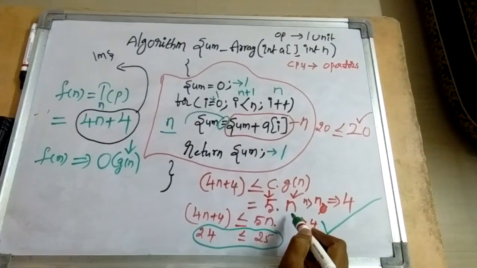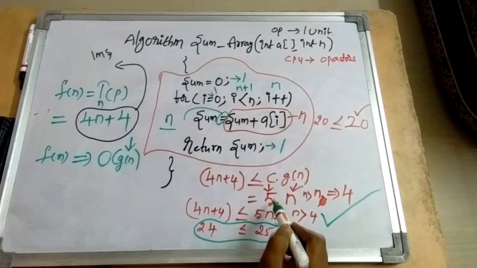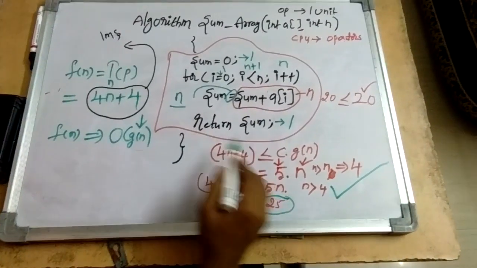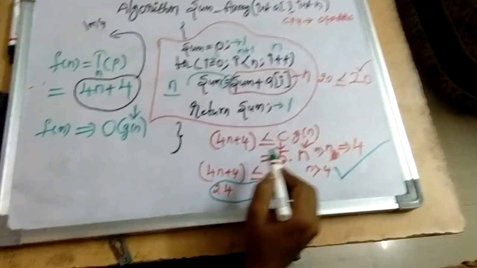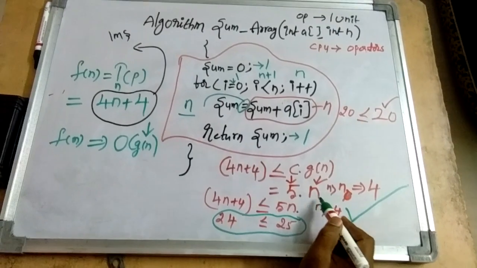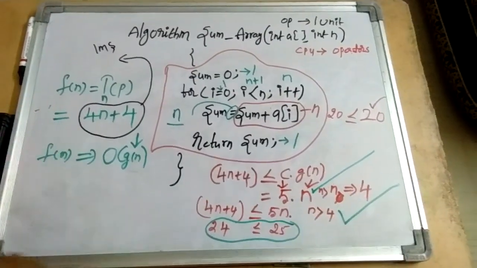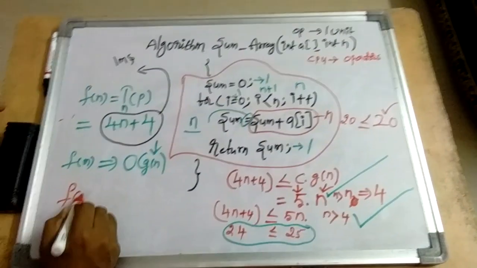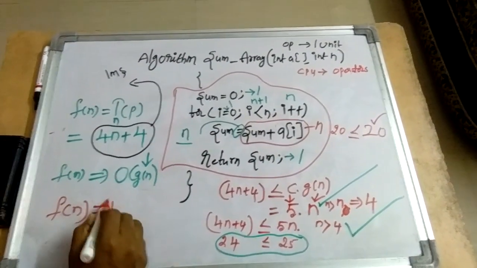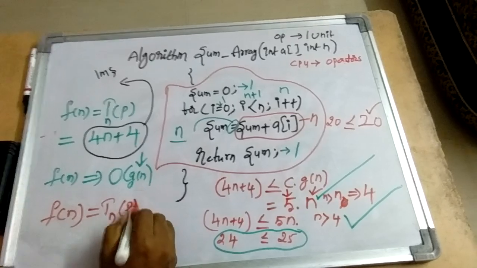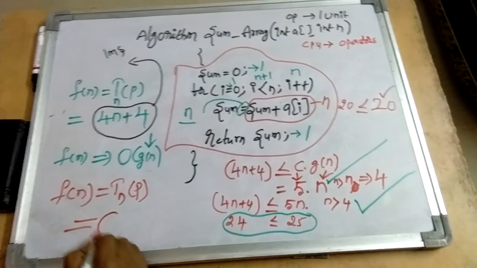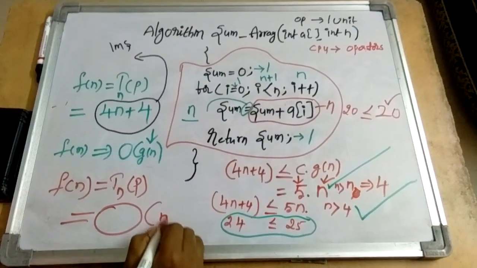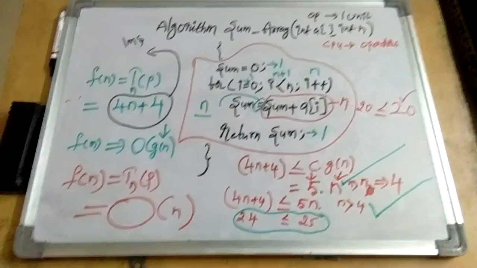if g of n is equal to n, there is a constant c equal to 5, where 4n plus 4 is upper bounded by the function g of n equal to n. Because of that reason, you can define this f of n, the time complexity of a given problem, T of p is equal to big O of n.